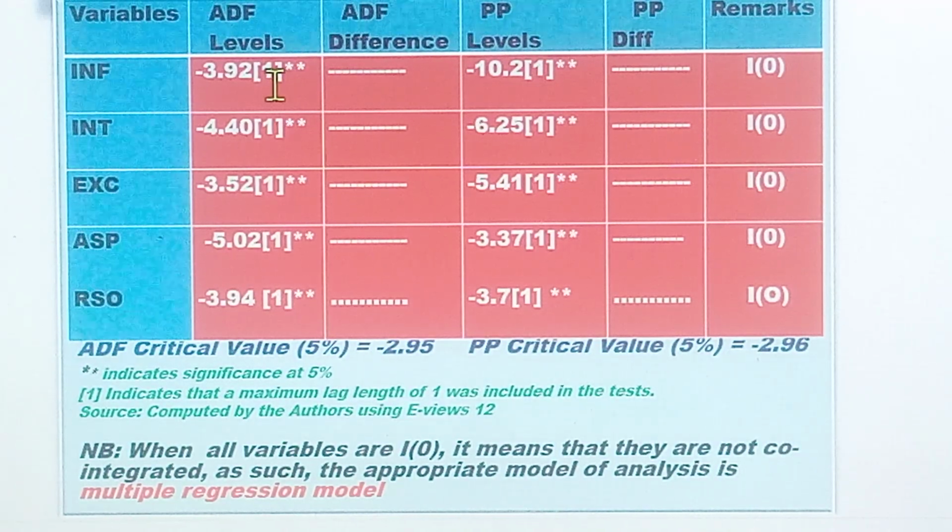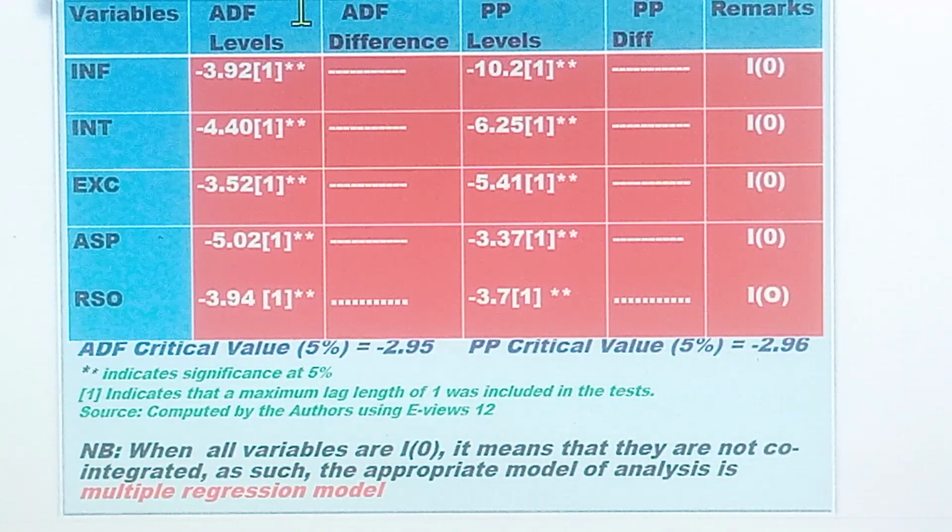If you take the absolute values, 3.92 is greater than 2.95, suggesting that the calculated value of inflation at level is greater than the critical value at 5%. Therefore, we reject the null hypothesis that inflation is not stationary and accept the alternative hypothesis that inflation is stationary. Note that inflation is stationary at levels for ADF.